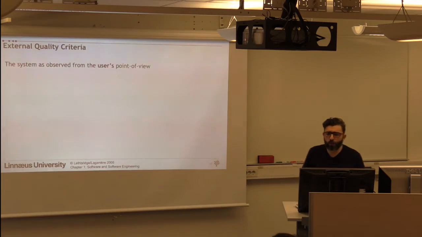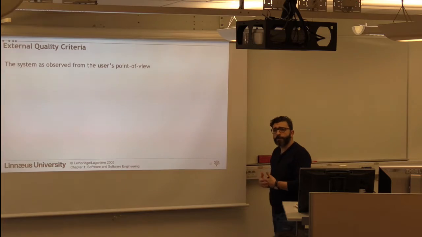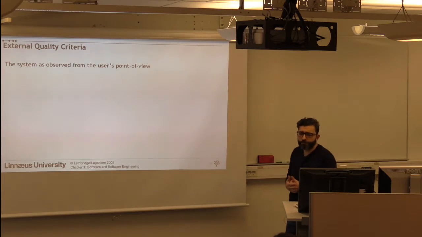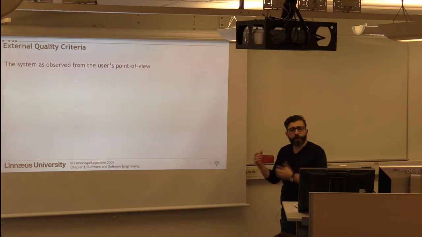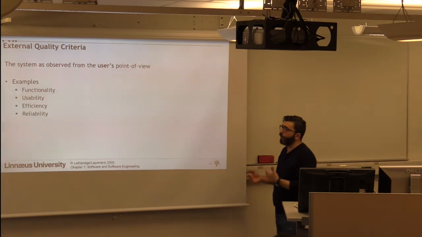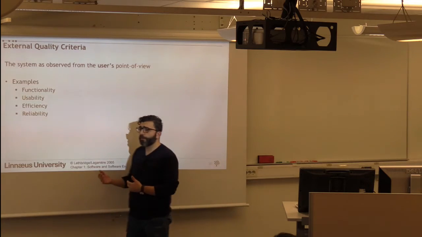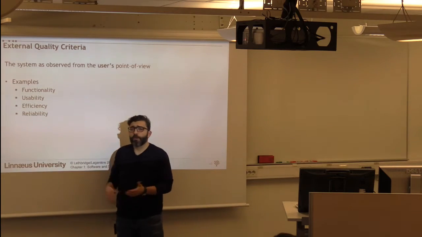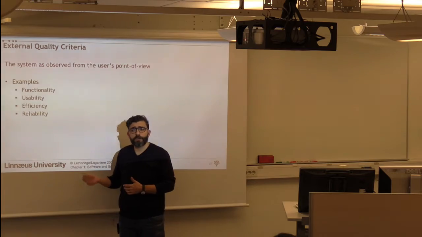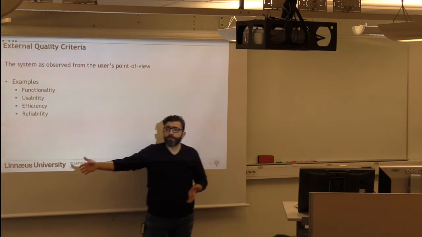The external quality criteria: you observe the system from an external point of view, typically the user point of view, and try to understand what is the functionality provided by the software, what's the usability of this software, what's the efficiency and the reliability of the software.